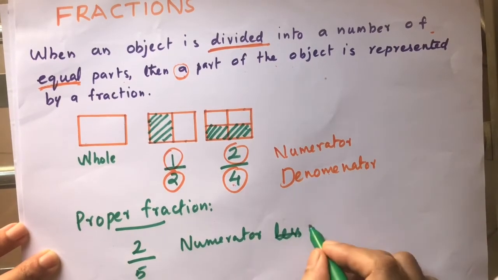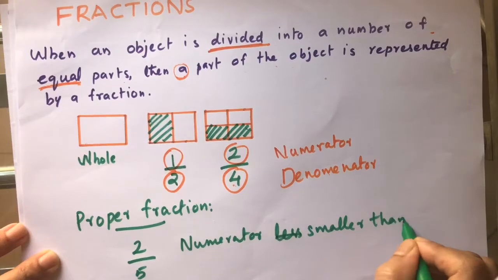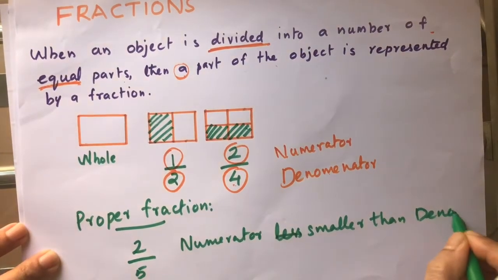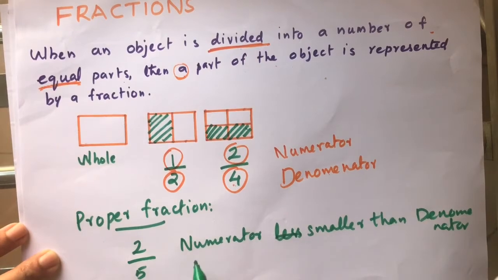You think like this: the 5 can hold 2, no?